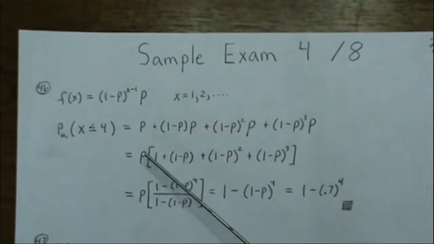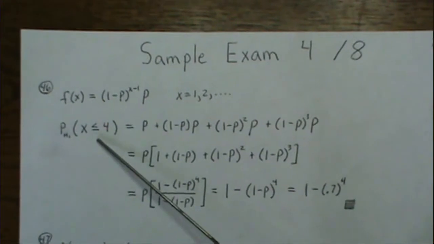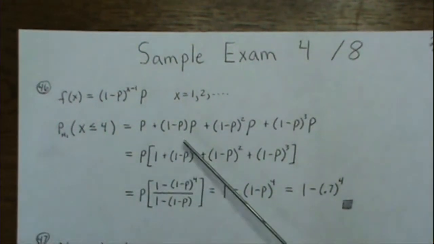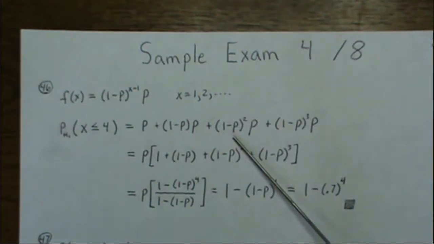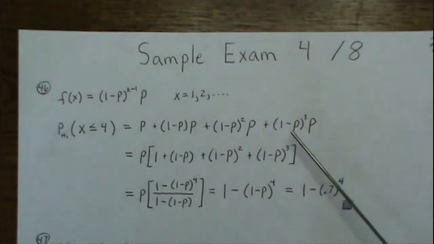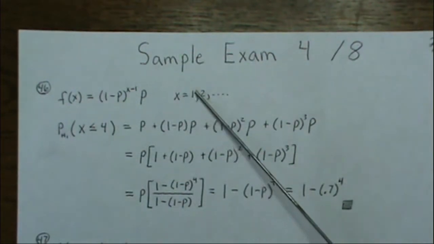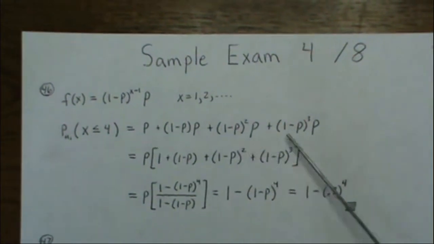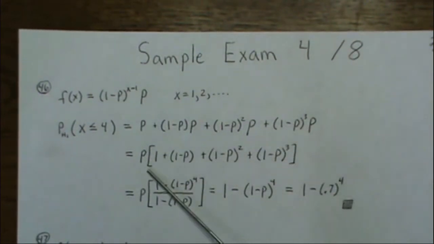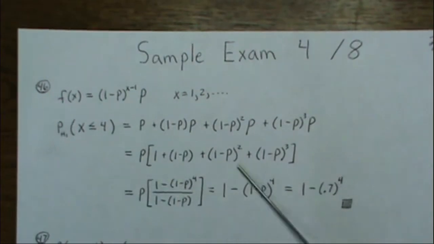So then we plug in: if x were 1, we get this, 2, and so on. It's actually 4, 3, 2, 1, because we can't have 0. So 1, 2, 3, 4. And there's a p common in both of those, so you can factor it out, and you get this.